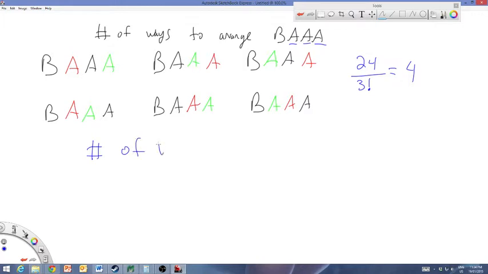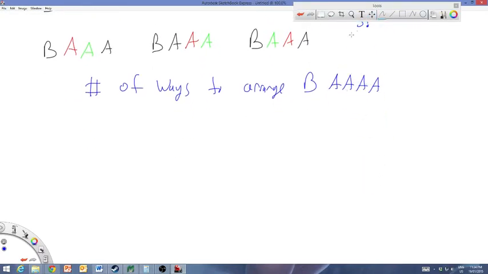So number of ways to arrange BA, let's just do that. How many ways can I arrange that? Let's say I put B in front. How many A's do I have to pick from for the first letter after B? There are 4 A's to pick.